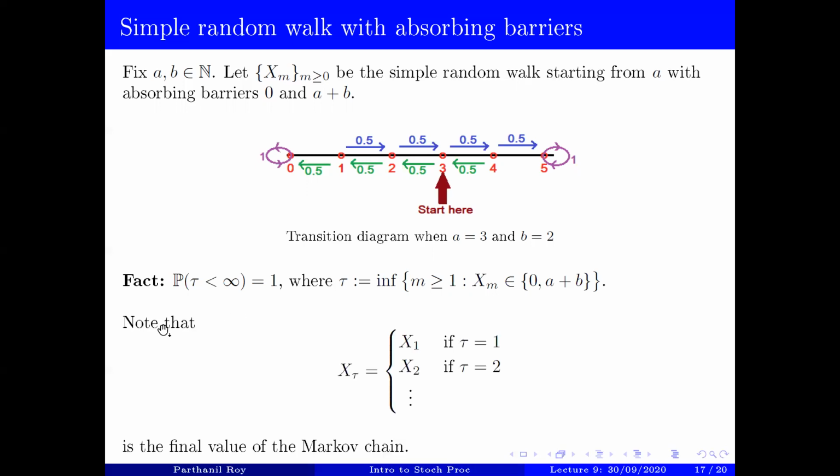Now note that X_tau is the final value of the Markov chain. So X_tau gives where the Markov chain gets absorbed. Obviously, tau is finite with probability 1, so the Markov chain does get absorbed somewhere. And X_tau is essentially X_1 when tau is 1, X_2 when tau is 2, X_3 when tau is 3, and so on. So this gives you where exactly the Markov chain gets absorbed, whether it gets absorbed at 0 or at A plus B.